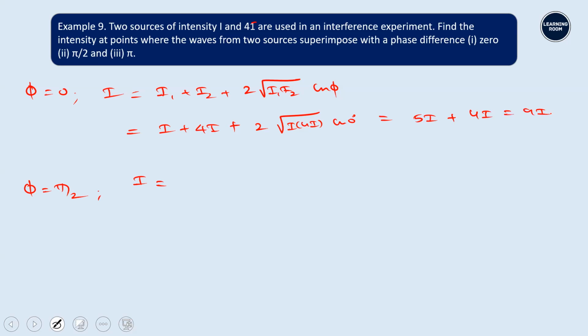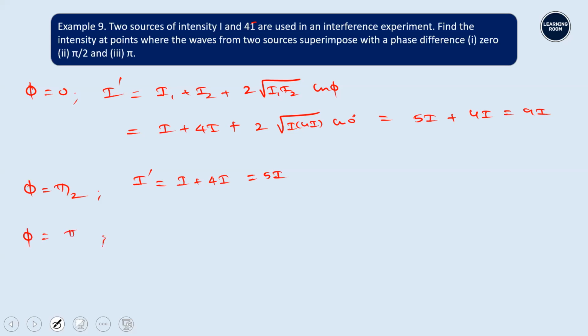Here phi is pi by 2, and you substitute it, I will call it I dash. It will be I plus 4I because cos pi by 2 is going to be 0. So I plus 4I, which is going to give you 5I.